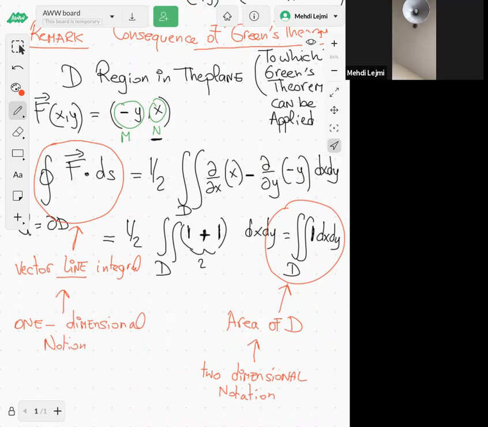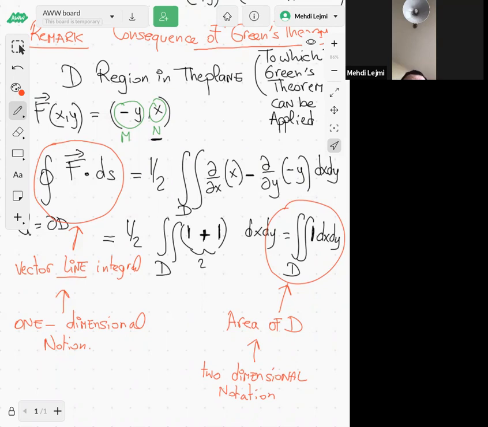And this is kind of surprising, right? You are trying to compute some two-dimensional notion, and in fact, you can just use a one-dimensional notion. So in some sense, you don't really care what's going on inside your region.